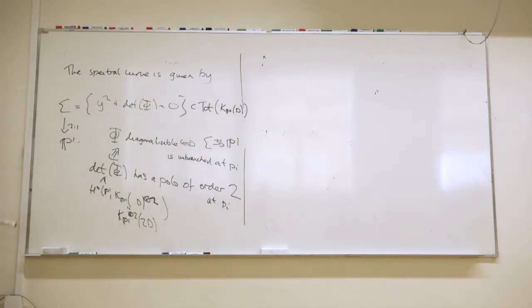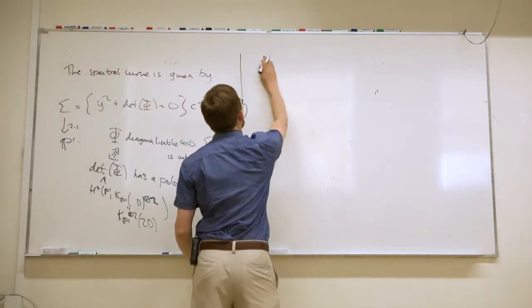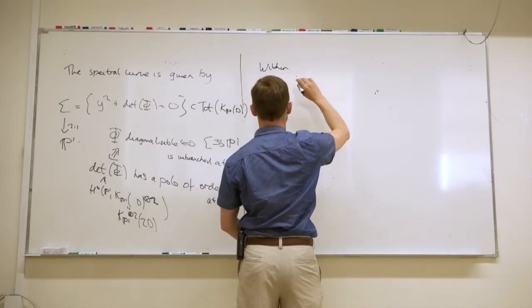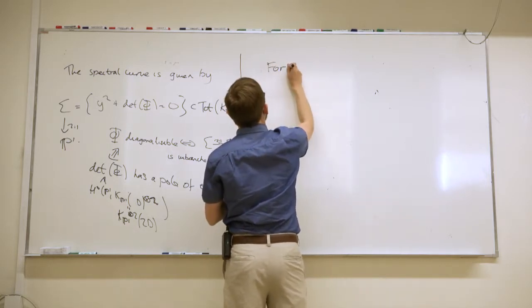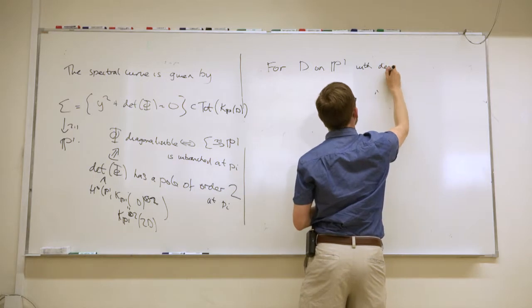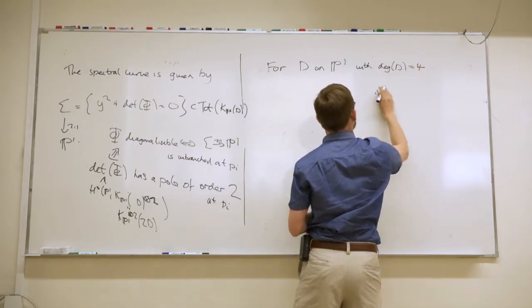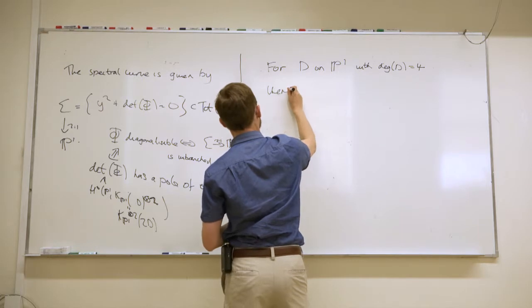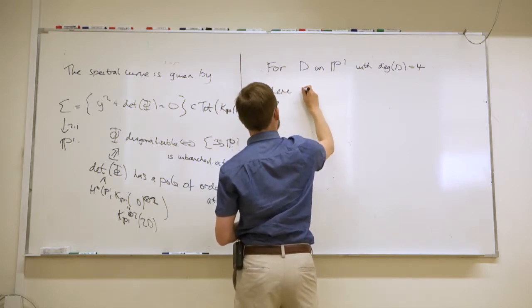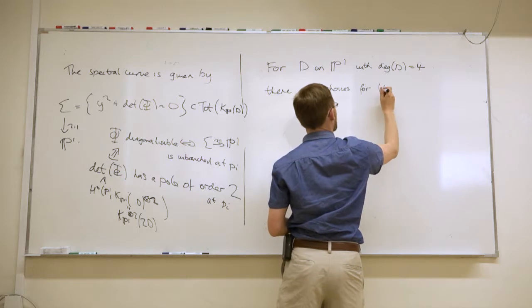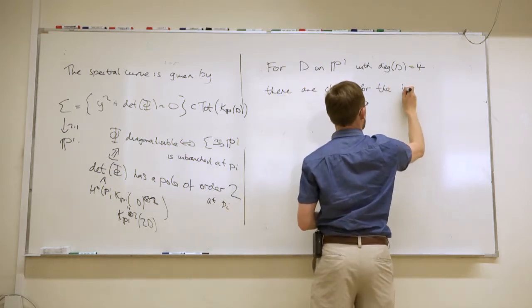So I guess this example is one of many. For D on P1 with degree of D being 4, there are choices for the type of the divisor.